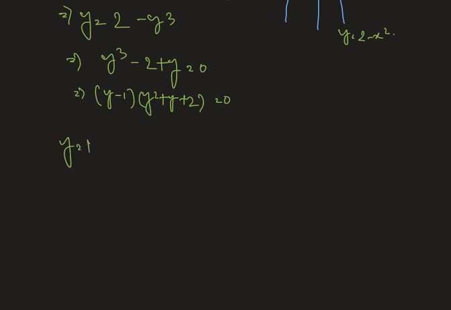Hence, we can say that y equals 1 or y equals (minus 1 plus minus root of minus 7) over 2. Therefore, x equals plus minus 1.